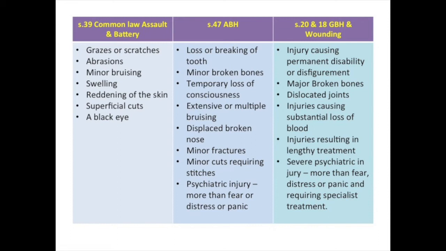And section 20 and 18, which is grievous bodily harm, so that's really serious injury and/or wounding. You have things like injury causing permanent disability, major broken bones, brain damage, dislocated joints, severe psychiatric injury. Whereas for section 47 you can also have psychiatric injury, but in section 20 and section 18 it would be a lot more severe.